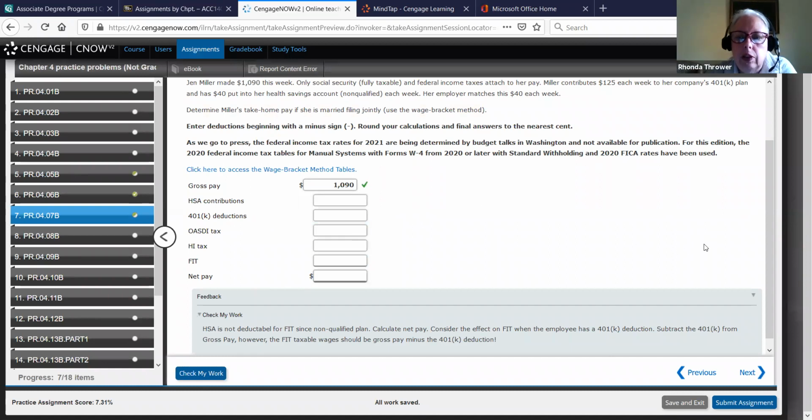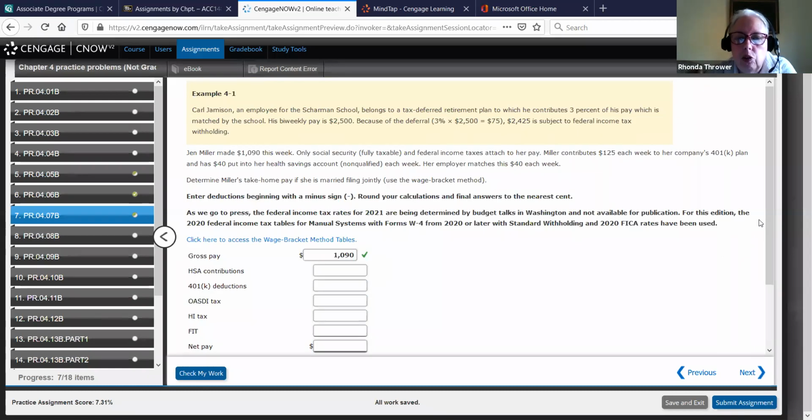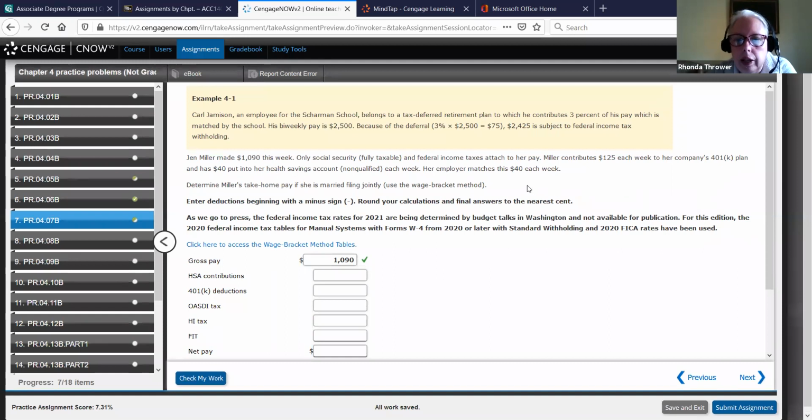Then we're going to put in the HSA contributions. And right here, you see the employer is going to put $40 in, but also she's going to have $40 taken out of her paycheck for this contribution.